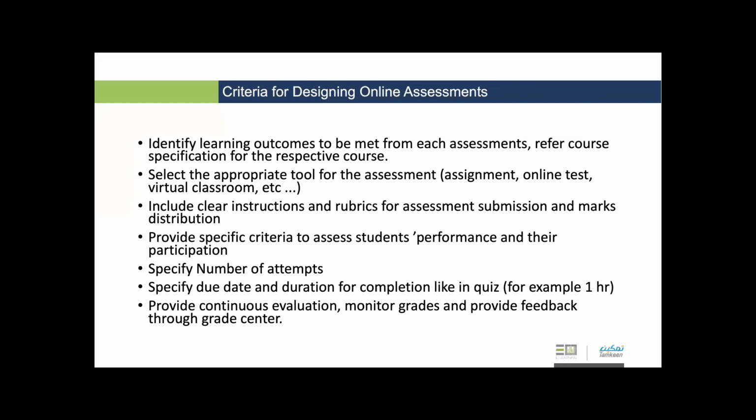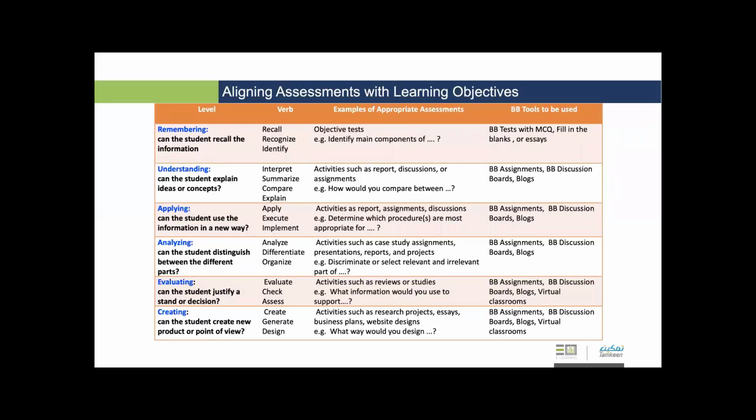We said that we have to choose the assessment type according to the learning outcomes. Assessment with learning outcome is to use Bloom's taxonomy model. I think most of you, if not all of you, know Bloom's taxonomy model.